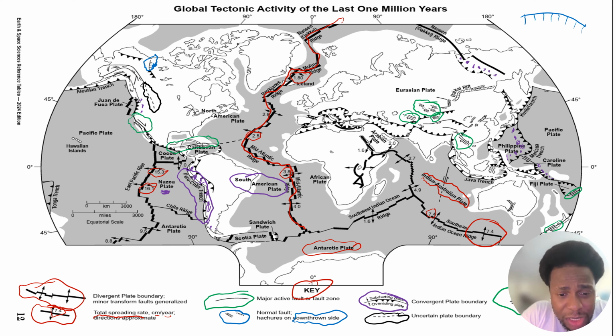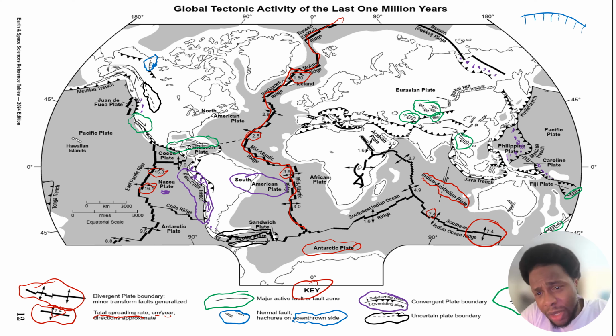Surrounding the Scotia plate, around that area, you have a complex plate boundary again, and a few others here. There's also a complex plate boundary in that region, and some other places if you look hard enough.